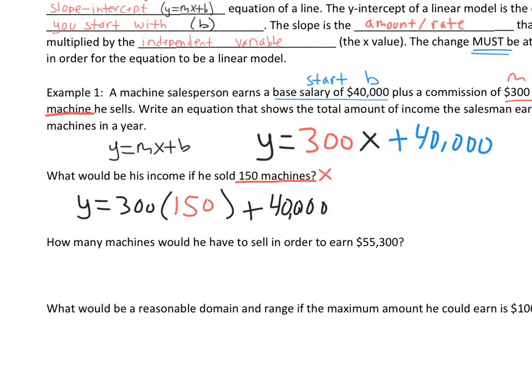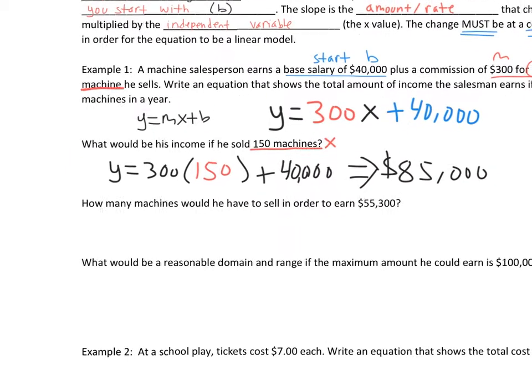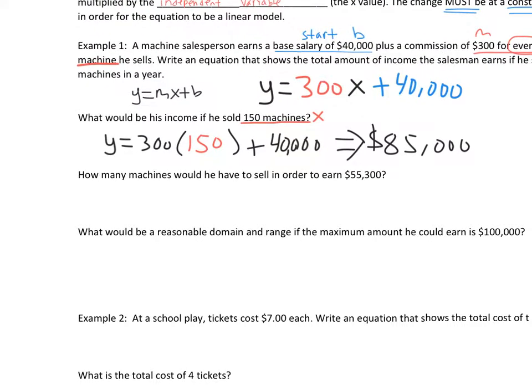You can do that on the calculator or by hand, but I will go ahead and give you the answer. The answer should be 85,000, and that'll be $85,000. So if he sells 150 machines for that year, then he's going to make $85,000, because that's counting his base salary.